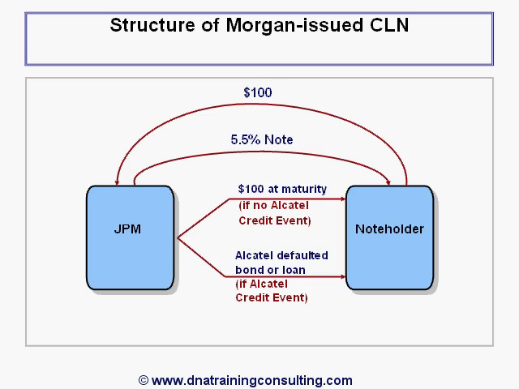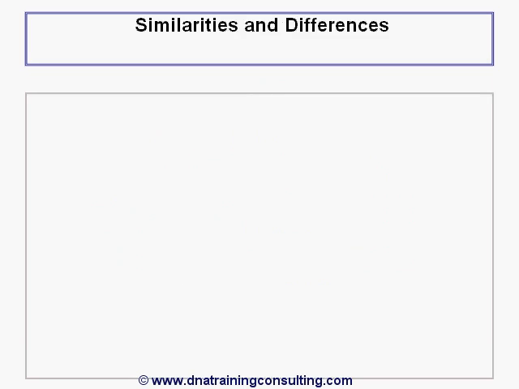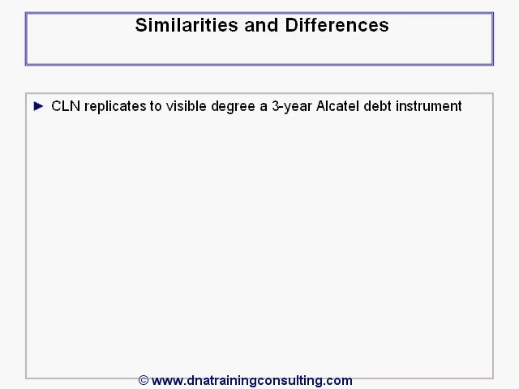You can readily see that the note is structured to replicate to the greatest degree possible a 3-year investment in Alcatel debt, to meet objectives of the investor that cannot be met via a direct investment in the bond market.